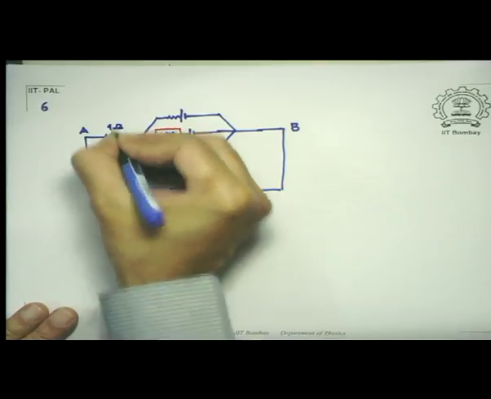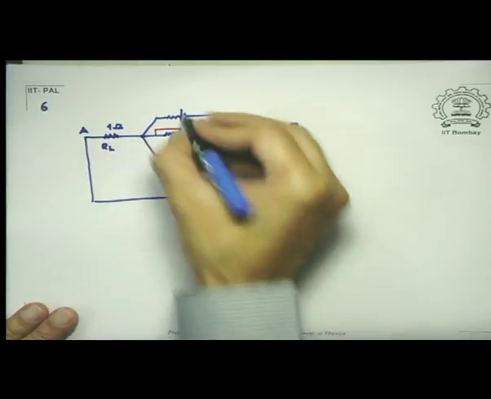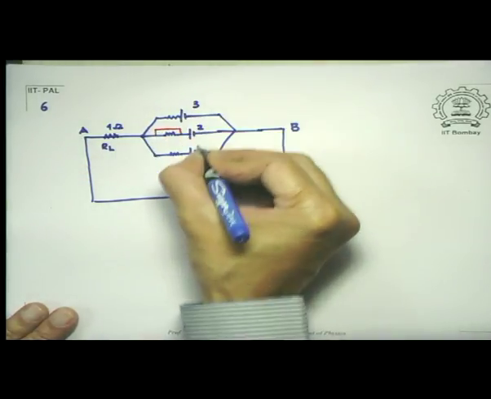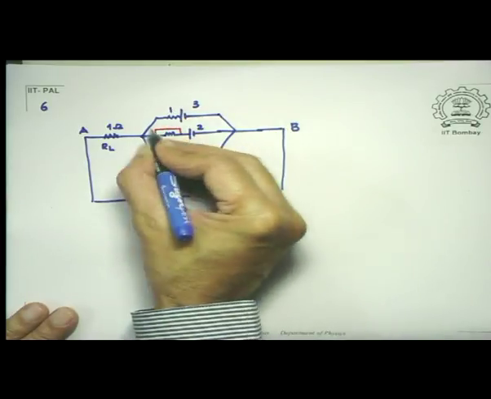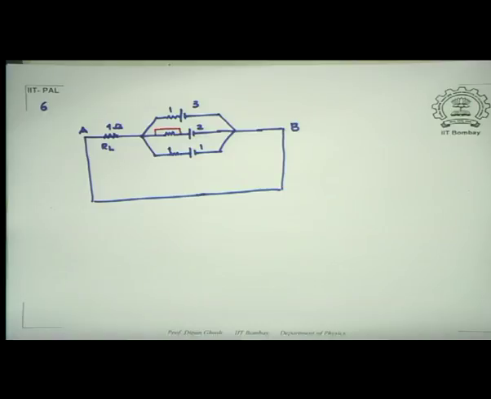That's your load resistance. And this was 3, this was 2, this was 1, and each one of them was 1. This is not really material anymore. So let us look at what one does for such a problem.